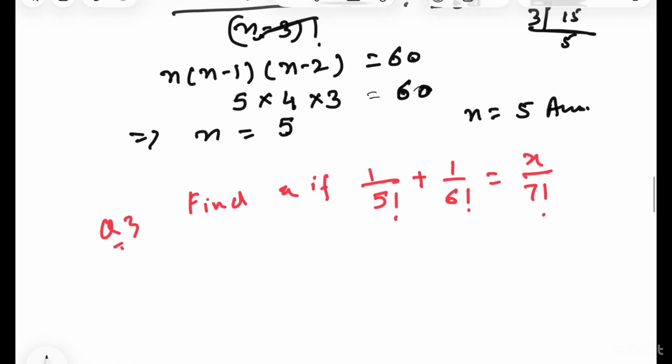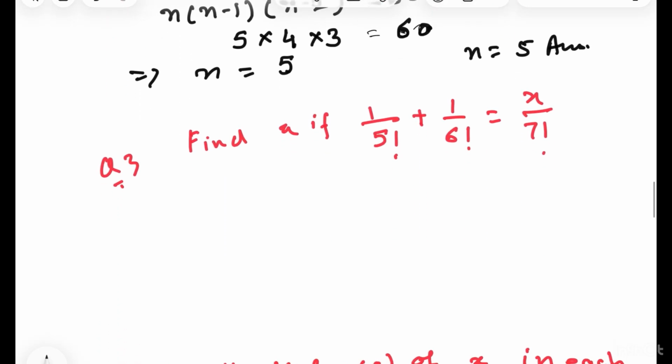थर्ड सम है आपका. Find x if 1 upon 5 factorial plus 1 upon 6 factorial is equal to x upon 7 factorial. So this implies 1 upon 5 factorial plus 1 upon 6 factorial is equal to x upon 7 factorial. देखिए बाकी रूल सारे आपके मैथ्स के वही हैं जो होते थे.